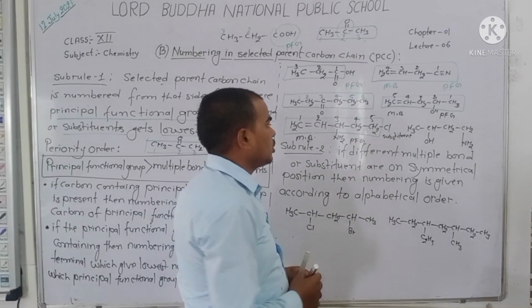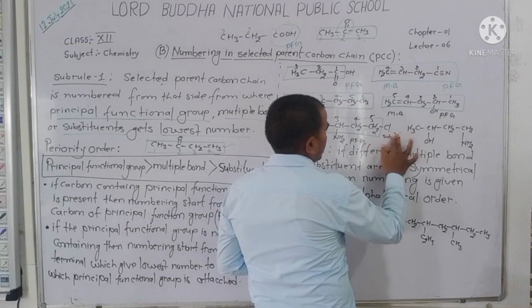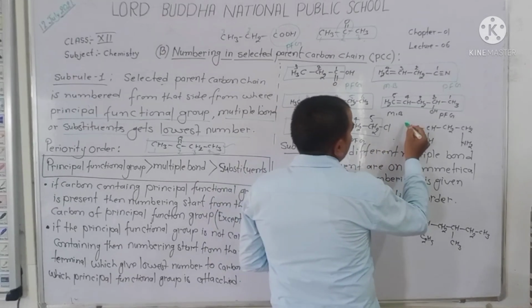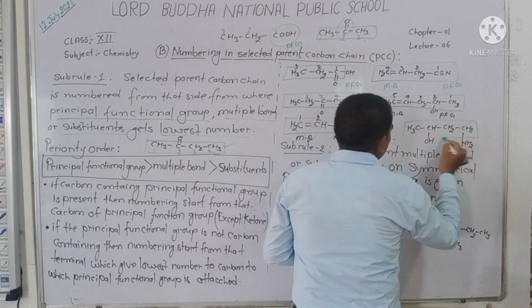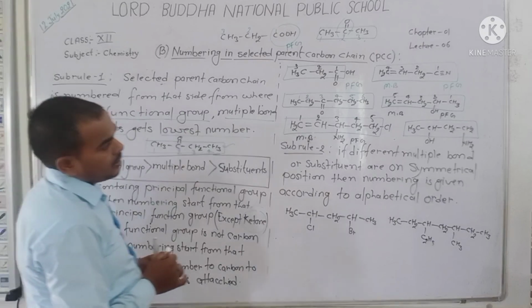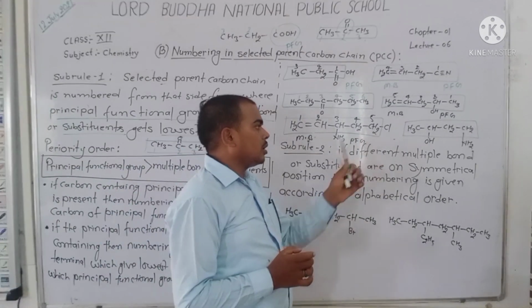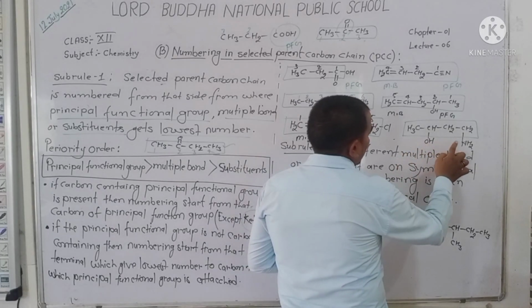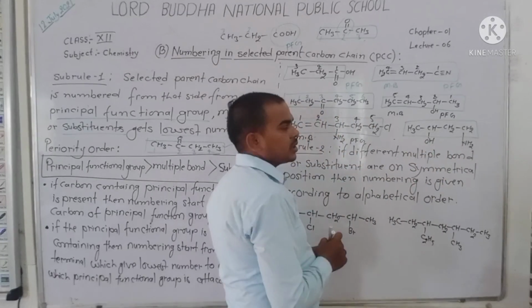Okay. Now a question is given here. First you select a PCC. The PCC is here. Here an OH group and an NH2 group are present.